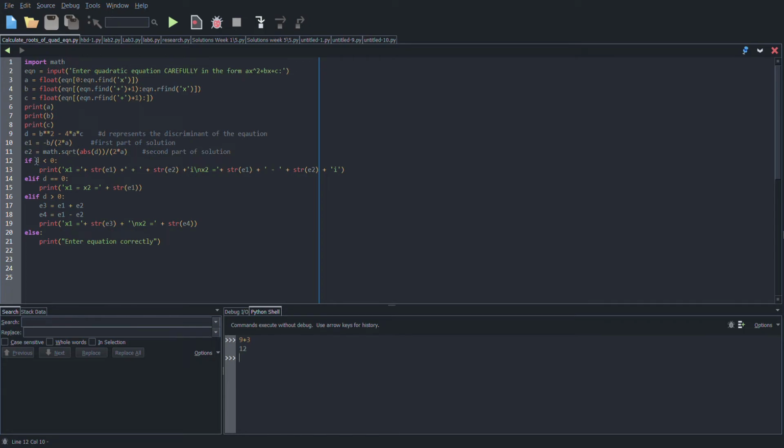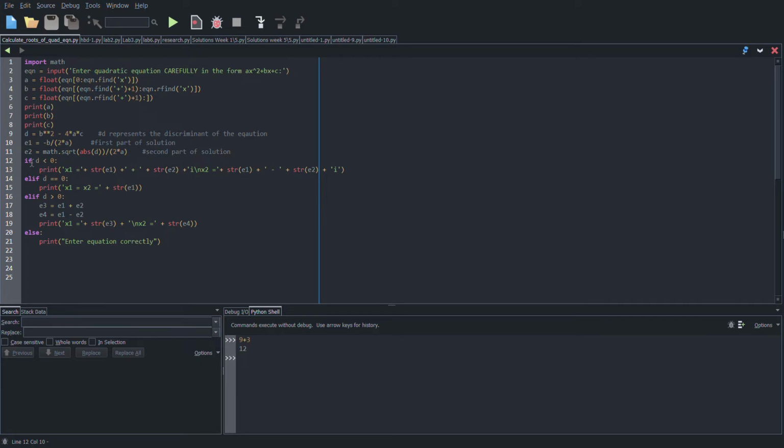So E2 is math.sqrt of the absolute value of d, divided by 2a. So it takes the last part after the plus and minus sign. Even if d was negative, right, it takes it as a positive number and calculates the square root of that and divides by 2a to get the second part of the solution in the quadratic formula.